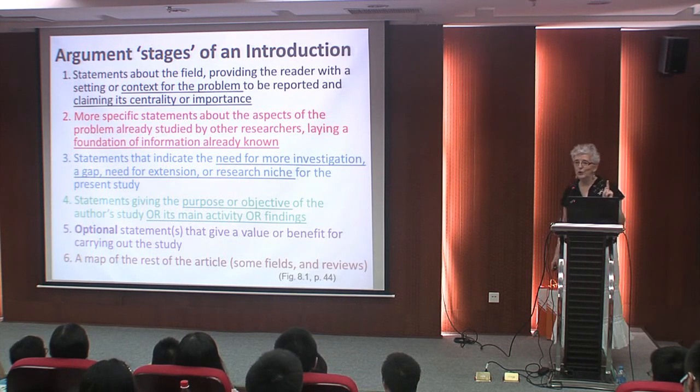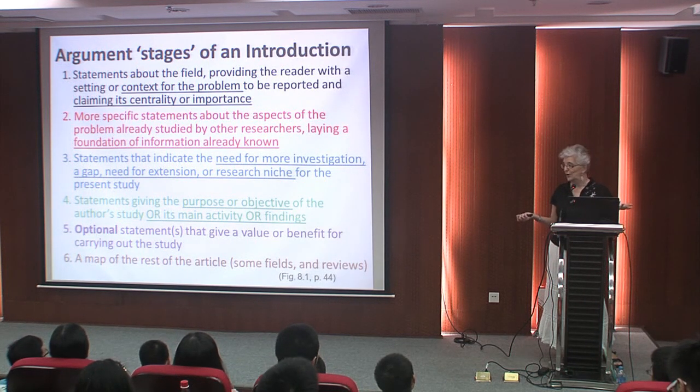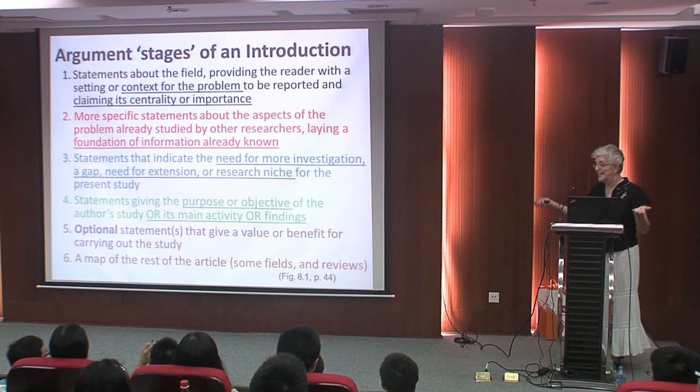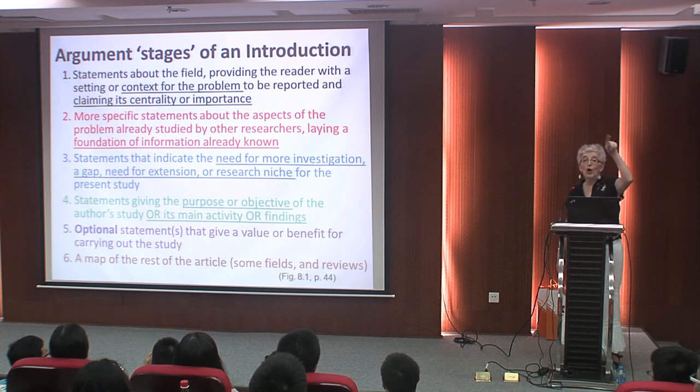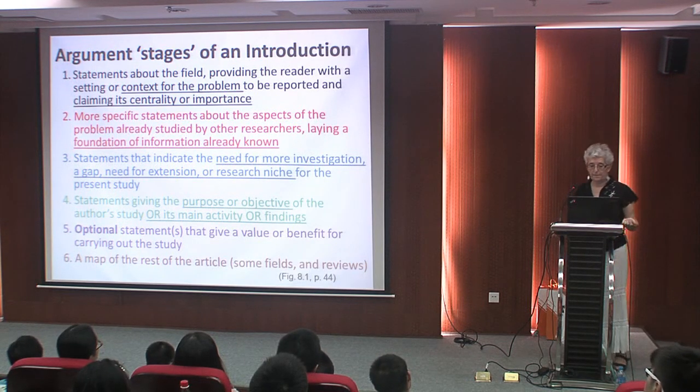But don't be confused. That does not mean that 1 always comes first and 2 always comes next, all the way down the list. These stages can recur. We can have 1, 2, 3, 1, 2, 3. We can have 5 anywhere. Yeah? These are the names of the stages.